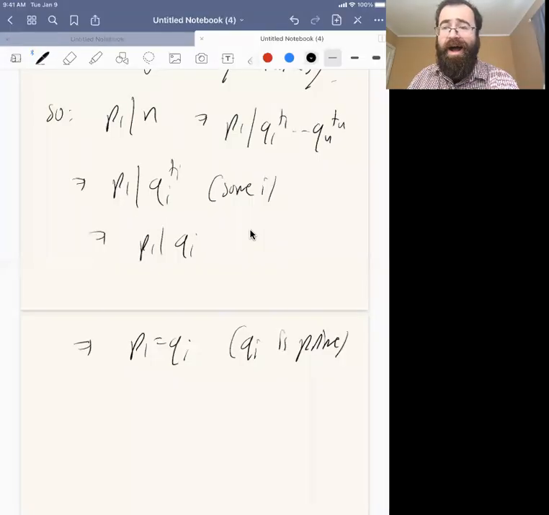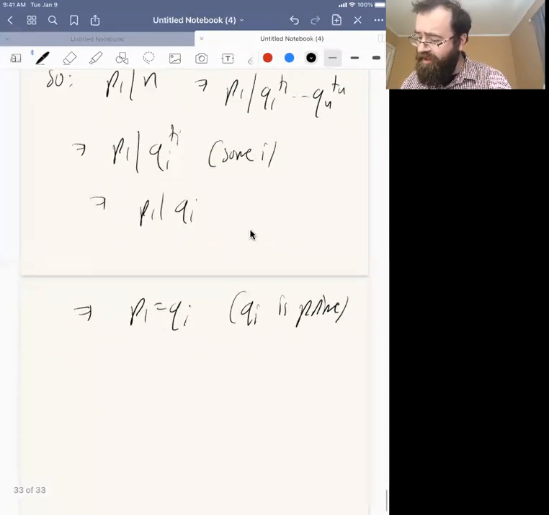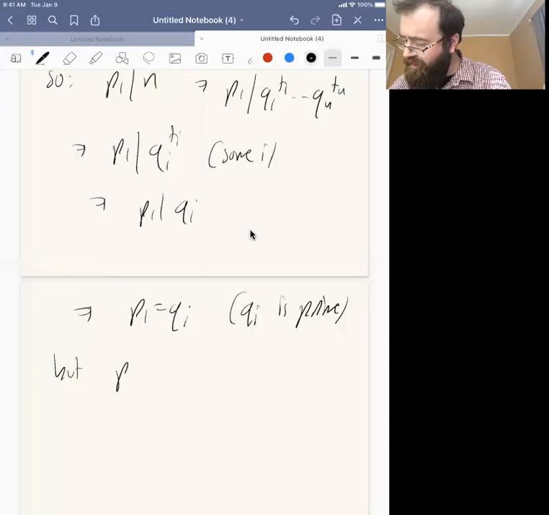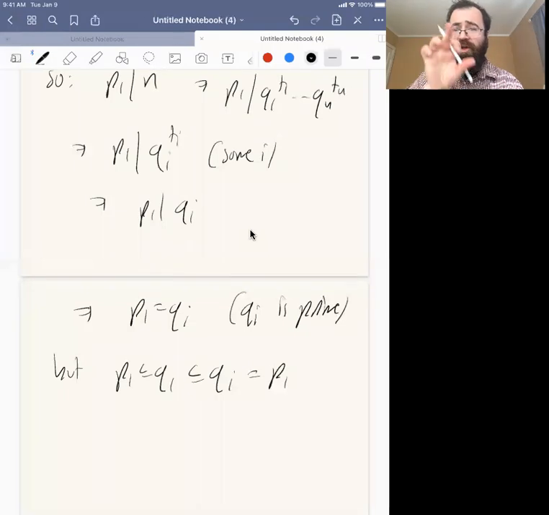Okay, but now let's look at the sizes. We have p1 less than or equal to q1, and q1 is less than or equal to all qi, which is p1, because the way the q's were ordered, q1 is the smallest of the q's.